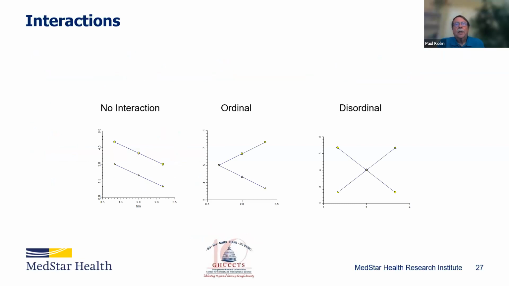An ordinal interaction means that they were sort of similar, but then were different at another point in the measurement. In disordinal, they started at different points and they ended up at different points, from our regression equation.